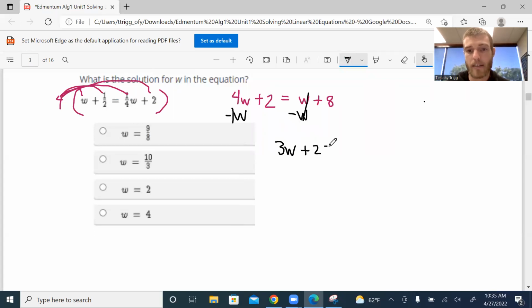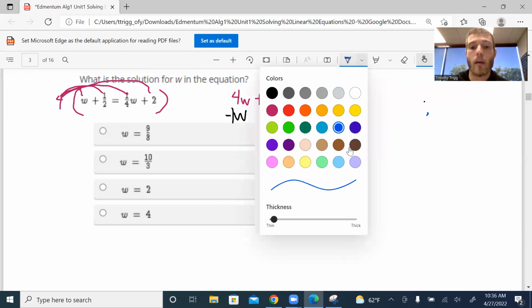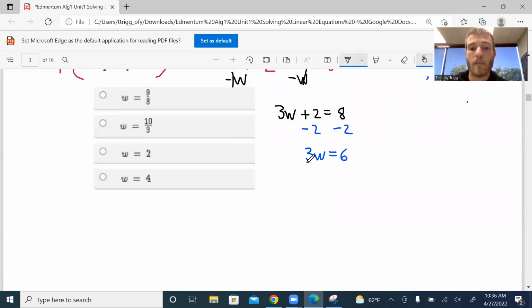I see that mistake sometimes. Next, to get rid of this plus 2, we would subtract 2 on both sides of the equation using the subtraction property of equality. We simplify to get 3W equals 6. Then divide by 3 on both sides of the equation, giving us that W equals 2.